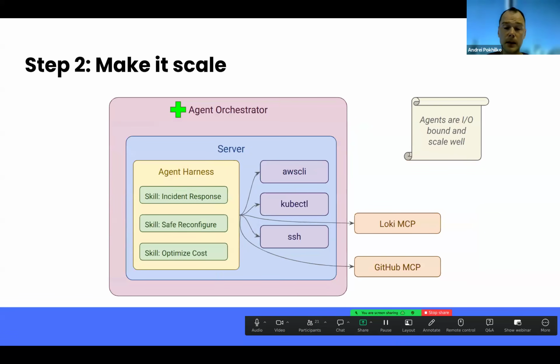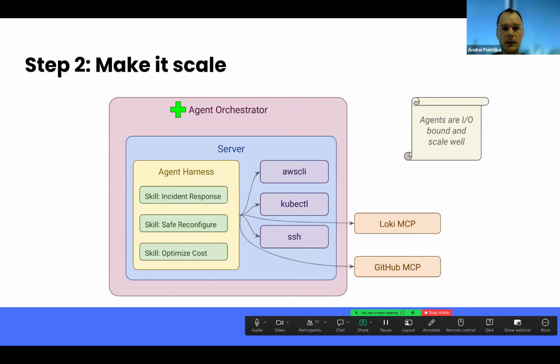The second step is I would like to actually scale it, because it does not make sense to have a one-to-one ratio between agents and humans. This is not why we invented these AI agents. We invented them to be able to delegate much more work than we as humans can process. So for that, we need to detach AI from the driving human and ideally make them autonomous.